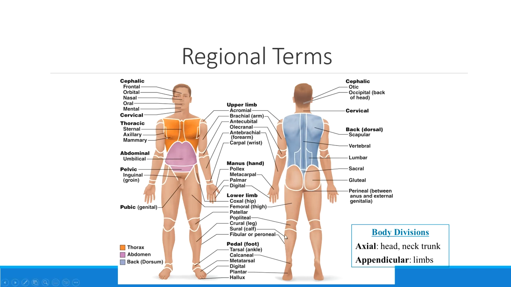The reason we call this region the fibular region is because the bone called the fibula is located in this region. The medial part of the thigh, what's in the middle, is called the sural region. So the sural region toward the middle, closer to the tibia bone, the fibular region in the back. When we're in the very front, talking about the innermost portion of your calf, we would call that the crural region.